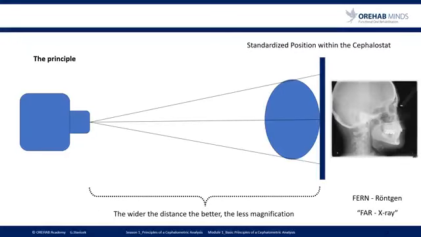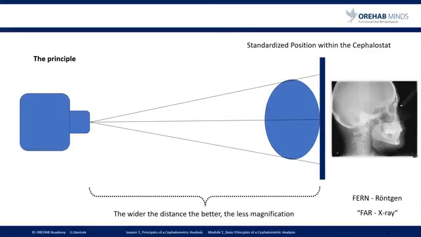So the principle of a cephalometric analysis starts with the recording technique. We have a tubus here and the head of the patient at quite a wide distance, usually, in the traditional way, and behind this head is the film. The distance is quite wide in traditional cephalostats.